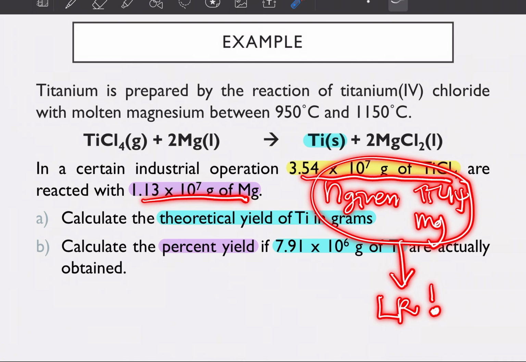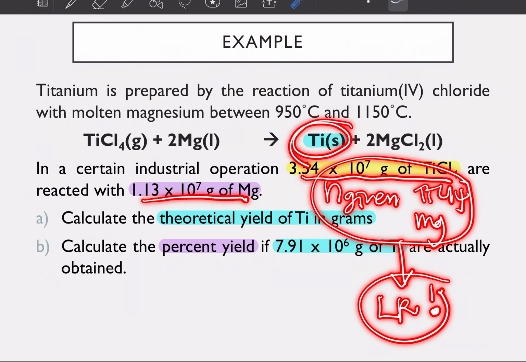Okay, so once you have that, you will know which of the reactants to apply to your stoichiometry calculation. Okay, who will limit the formation of titanium solid.